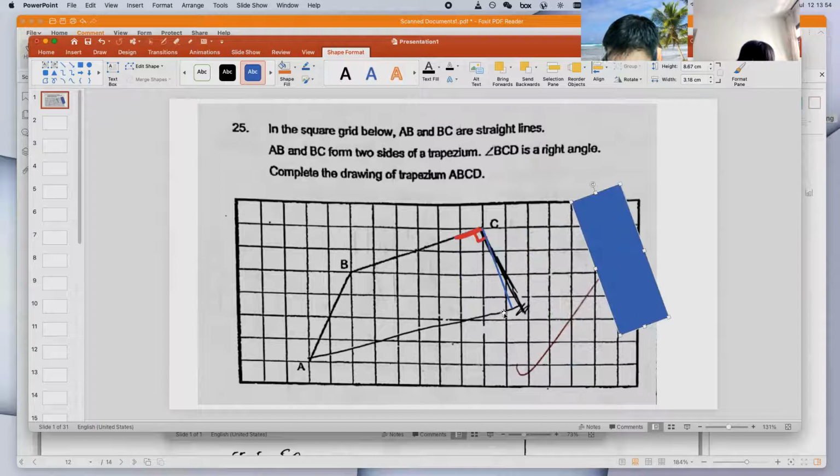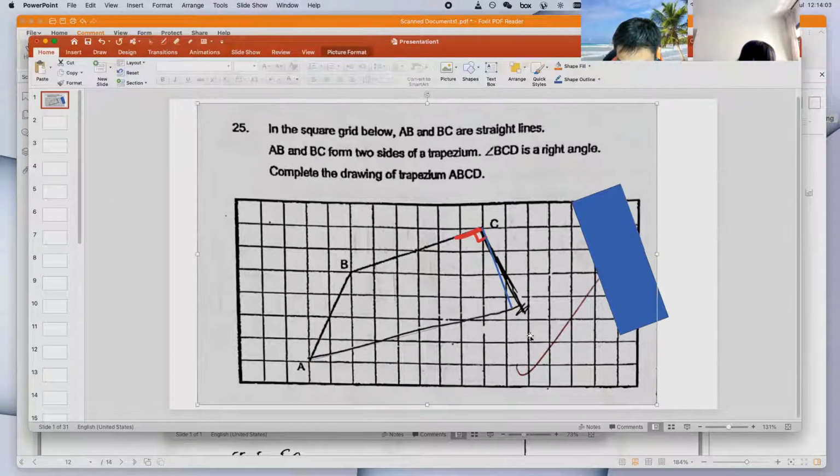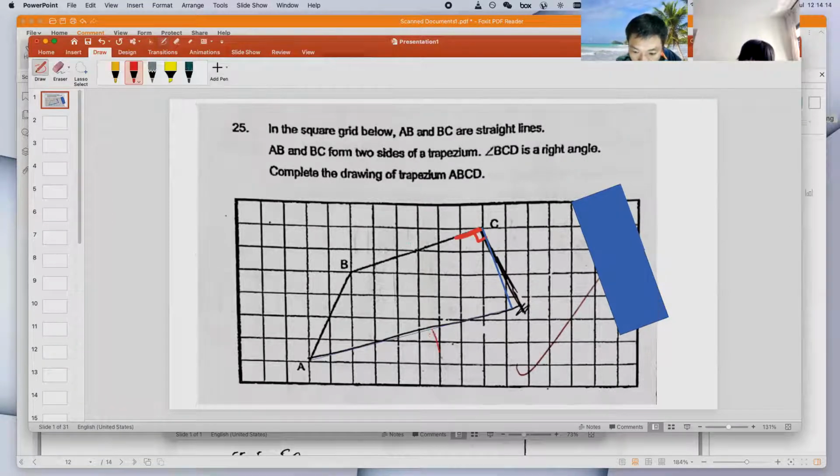Yeah, the line is here. Once you have this line, then you just connect. These two lines should be straight lines, but I'm looking at this and it is not straight.